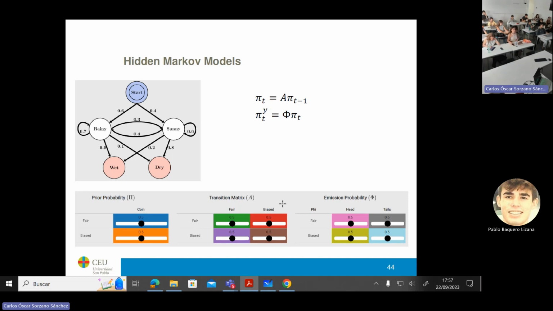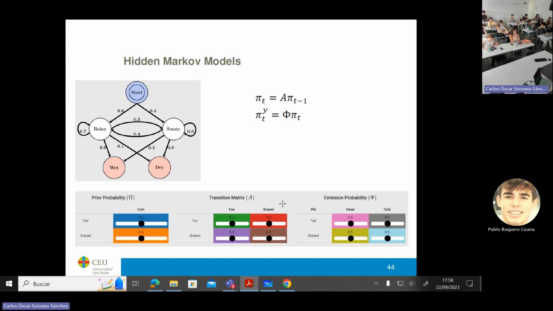So that will be the standard Markov evolution, the evolution of the probability distribution. But then you will also have an emission probability. The emission probability is, given any one of the states, the probability that I get these two states.